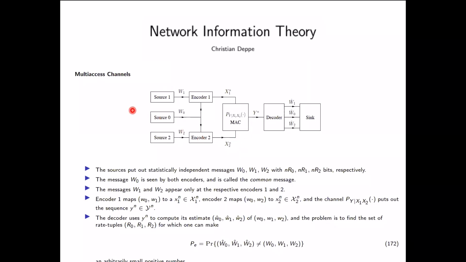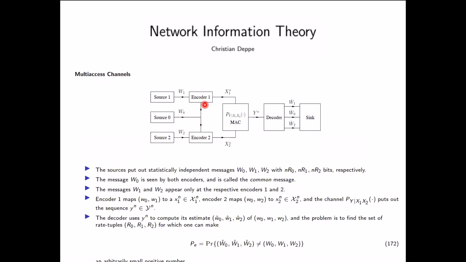Now we come to the next multi-user model. It's a multi-access channel. So we have 3 sources now and 2 encoders. Encoder 1 only receives W1 and W0. Encoder 2 only receives W2 and W0.